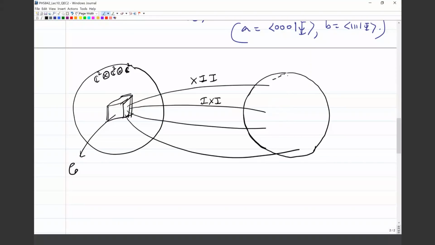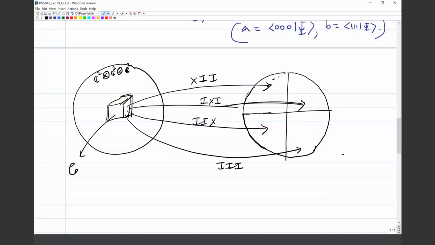I think I'd done this last time where I had drawn it like this, and I said each one maps you to a different part of this. So the XII will map you here, the IXI will map you here, the IIX will map you here, and the identity, which is no error, will map you here.